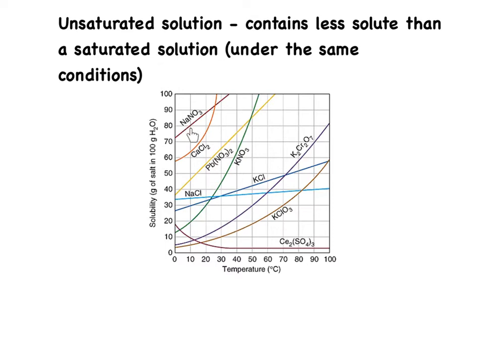That would be a saturated solution. So at 10 degrees Celsius then, if we had a solution of sodium nitrate that contained, let's say 20 grams of sodium nitrate and 100 grams of water, that solution would be unsaturated. That 100 grams of water could hold an additional 60 grams of our solute.